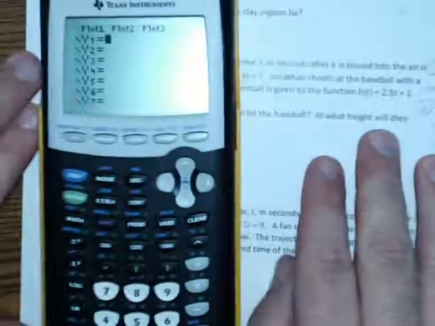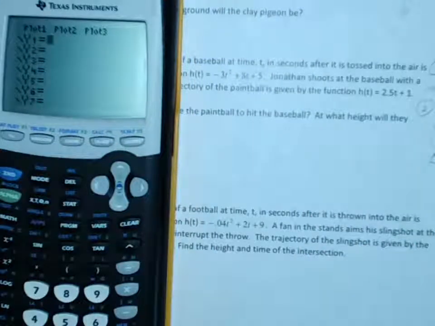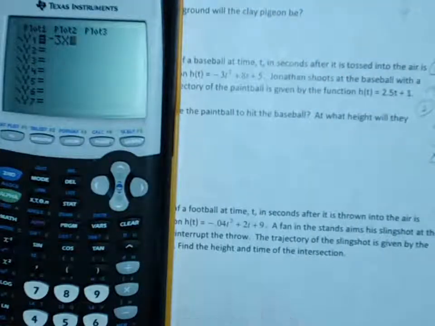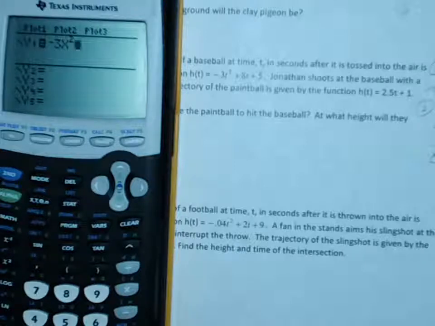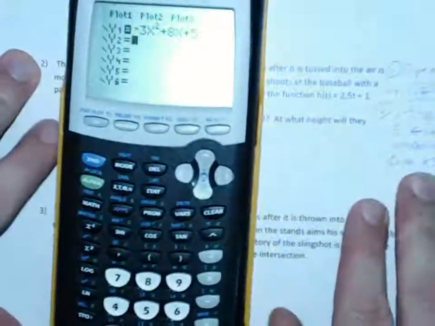Actually, maybe we can do this. Aha! Then you can see what I'm typing in. So I've got -3. I have to use x. I can't use t in the calculator. It won't let me. I have to use x. So -3x squared plus 8x plus 5. And then I'll hit enter. And we'll plug the other one in.